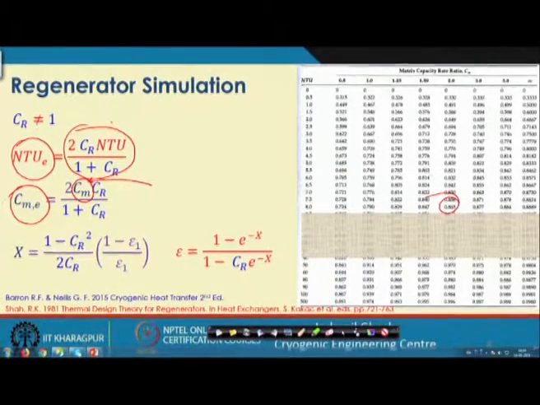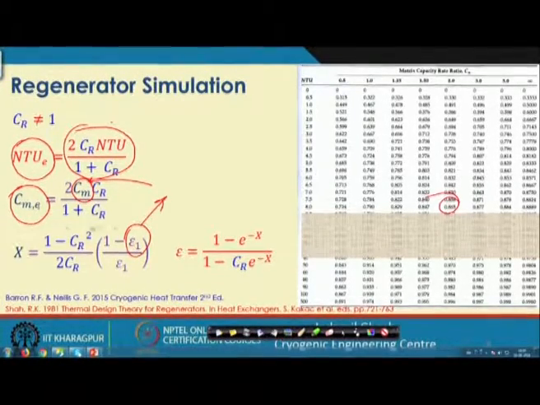These values are epsilon 1. We will get this kind of regenerator effectiveness, but we know it is not appropriate for us, because this chart is meant for CR equals 1. Now we are trying to use it for CR not equal to 1, and we have defined the effective NTU and effective CM. The effectiveness we get with those values is known as epsilon 1.